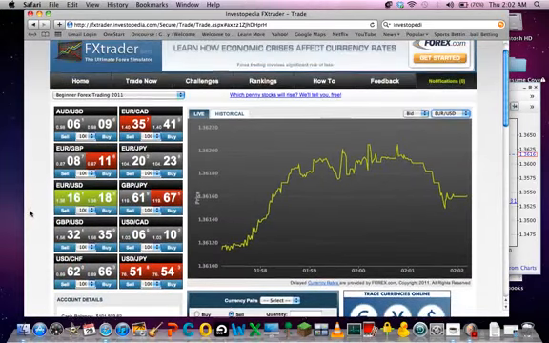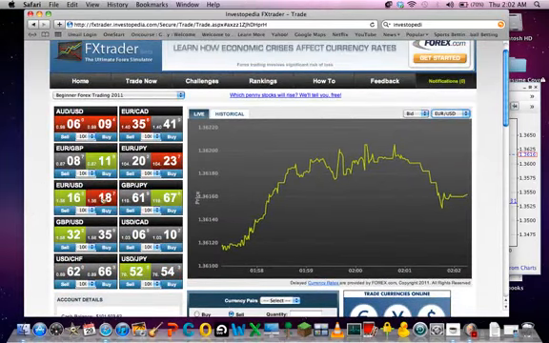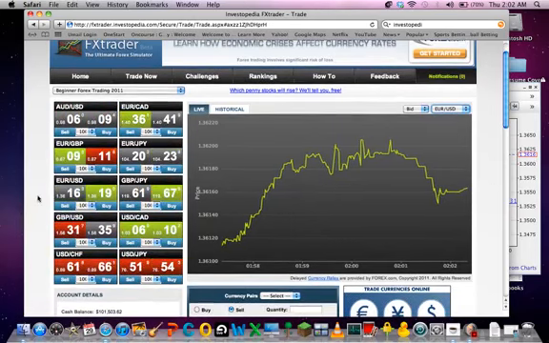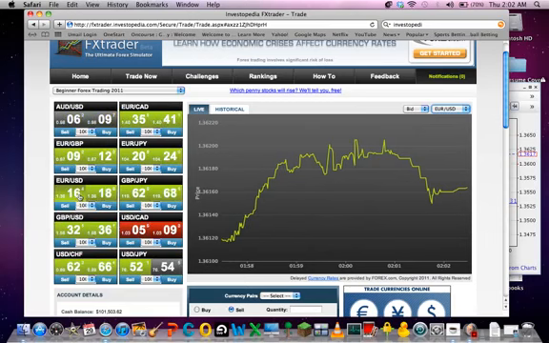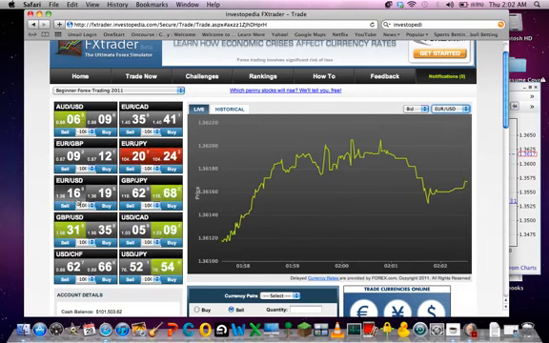So let's go up here again and talk a little more about the currency pairs over here and what this all means. The difference between the price you can buy at and the price you can sell at is around 3 points, or what they call pips. A pip is just one movement in the currency pair. This difference here is how the platform makes their money.